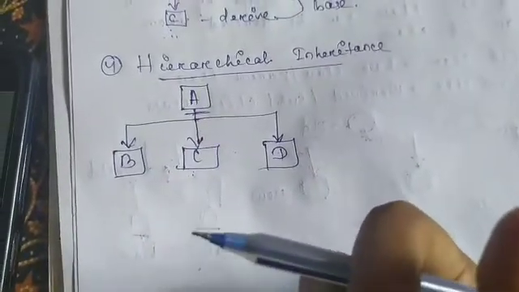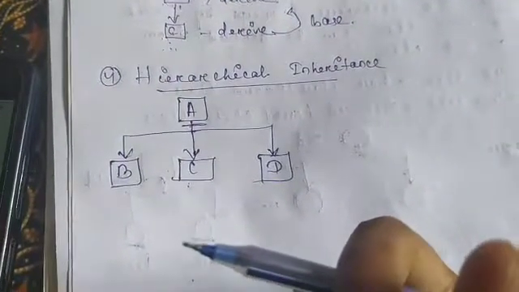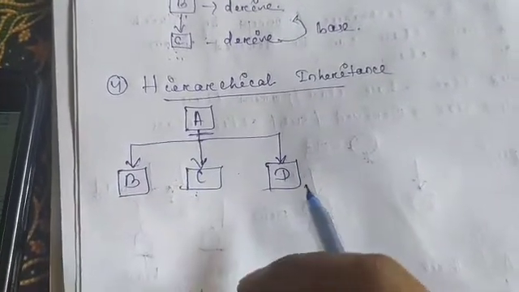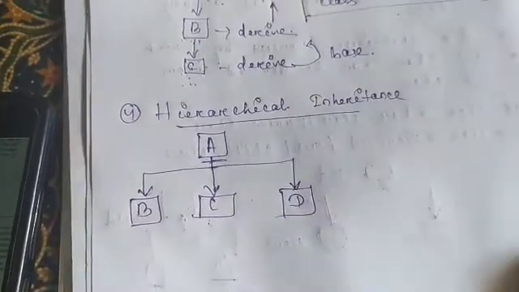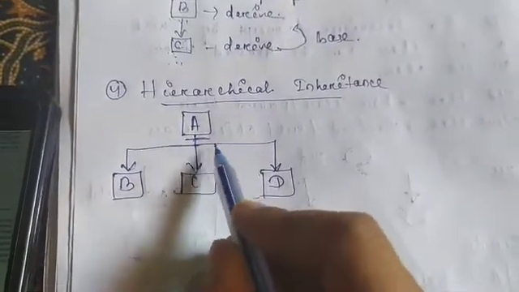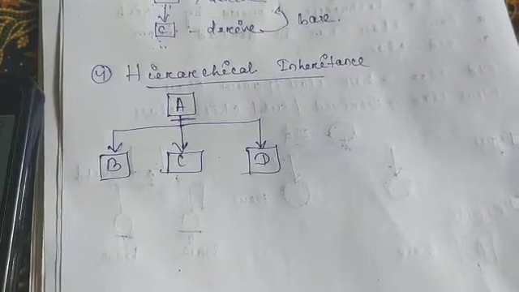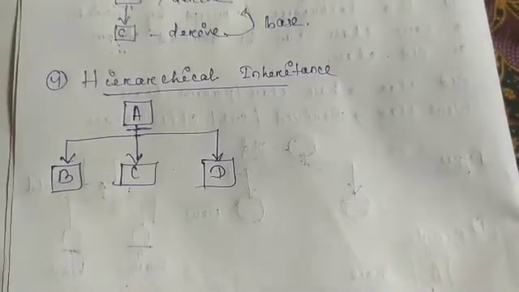Sometimes two brothers look like each other, and some have the same characteristics as their father or their mother. So this type of inheritance is called hierarchical inheritance.